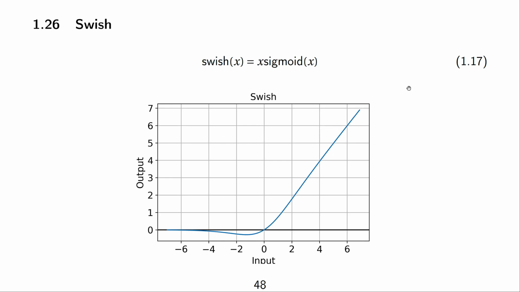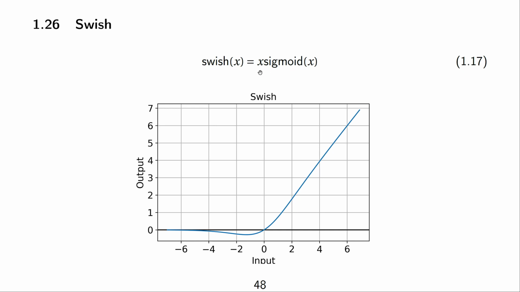Another such function is the Swish function, which is x times sigmoid of x. One idea in neural architecture design is the idea of gating. You can use a function that is multiplied with another function, and a gating function sometimes has values between 0 and 1, so what this gating function does is it either kills the signal, if it's 0, or it lets the signal through if it's 1.